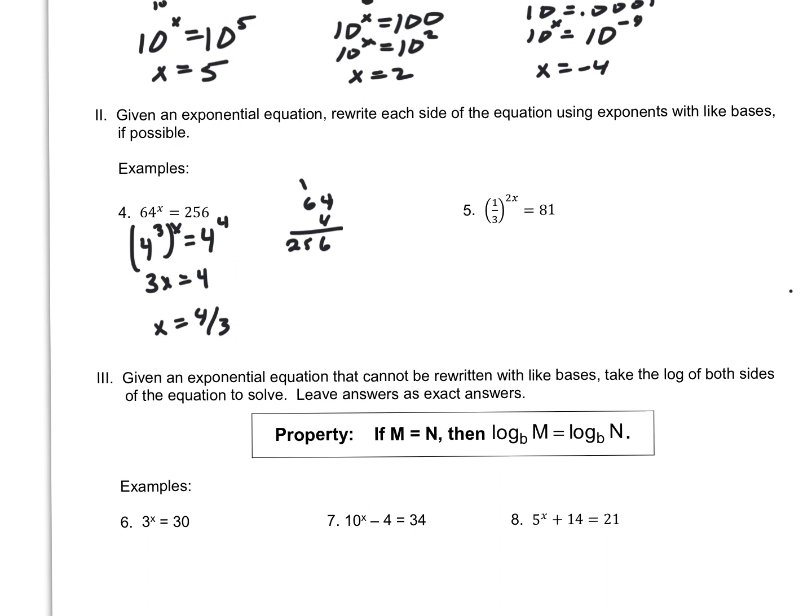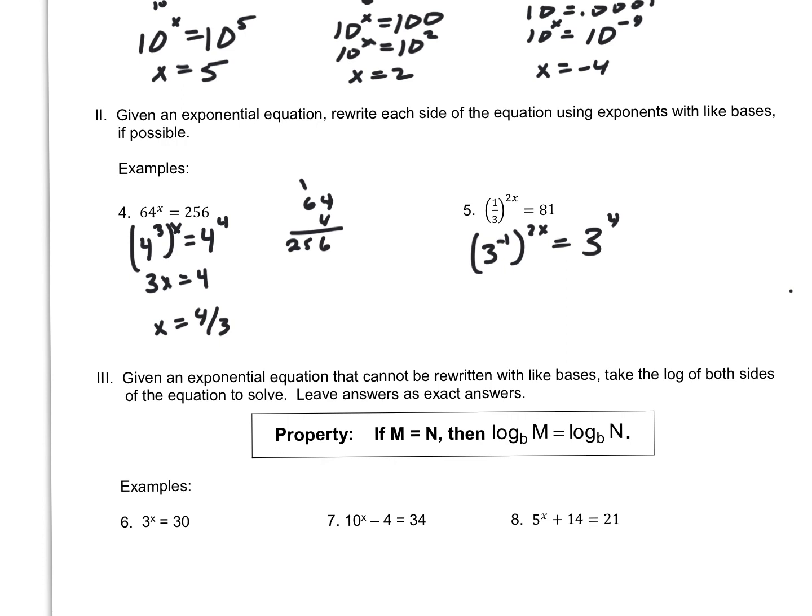So number 5, 1/3, I'm going to rewrite that as 3 to the -1, and then I have it raised to the 2x. So how can I rewrite 81 with a base of 3? That would be 3 to the 4th power. 9 times 9 is 81. 9s are 3 times 3, so 3 times 3 times 3 times 3 would be 3 to the 4th.